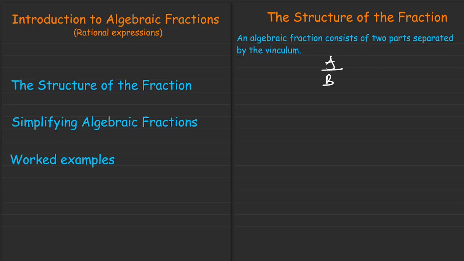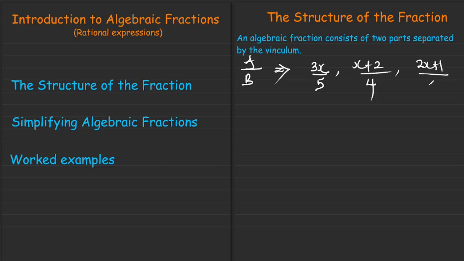Now, some examples can be 3x over 5. Then we have x plus 2 over 4. Then finally, 2x plus 1 all over x minus 3.